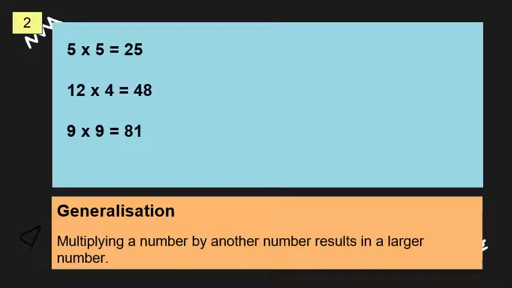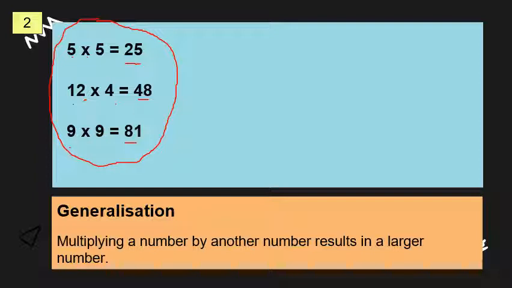Time to generalize again. So here I've got some number sentences or equations, and they all involve multiplication. So 5 times 5 is 25, 12 times 4 is 48, and 9 times 9 is 81. And I'm going to make this generalization. I notice that the product is always larger than the starting number.